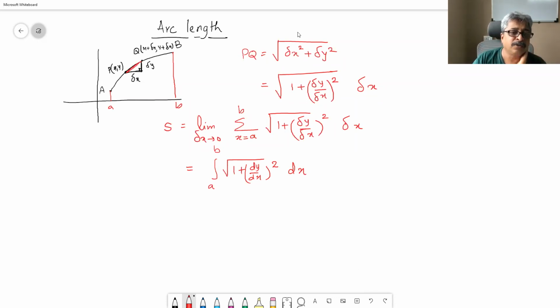Of course, for that you need a function which is continuous between A and B. That is a prerequisite. Understood? Any doubt, difficulty? You can ask. Let me write down the question.